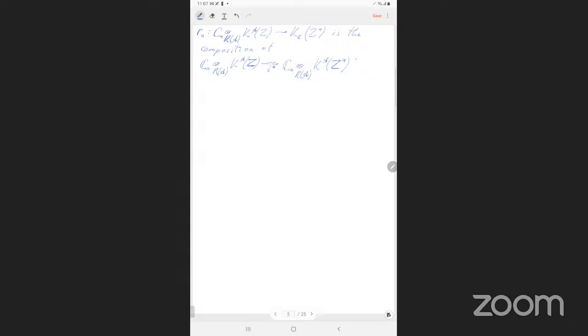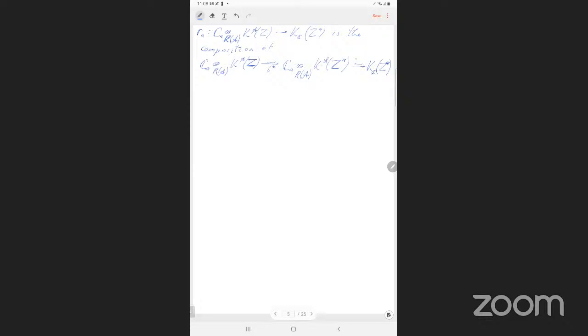And then I just go to non-equivariant K-theory. This I already explained is fine, just because there is no action of script A on the fixed point set.